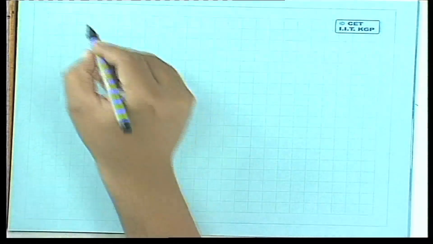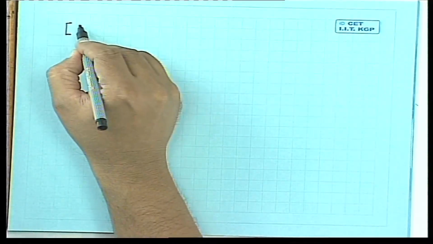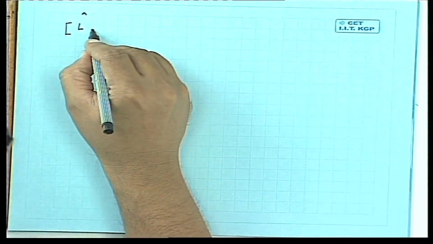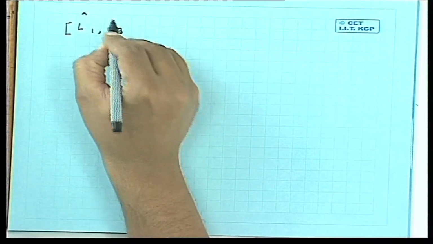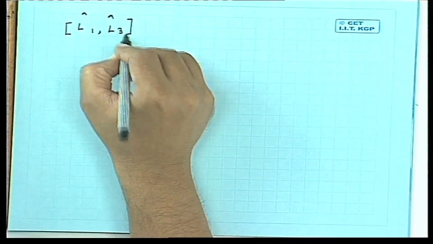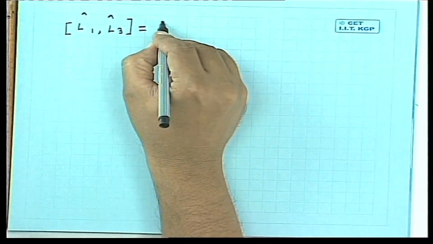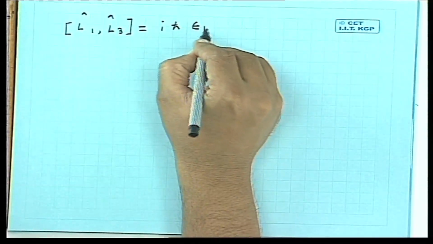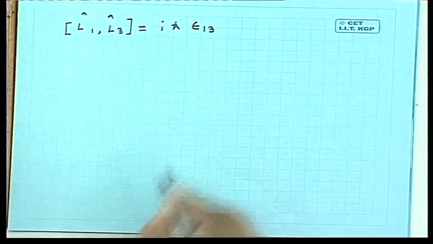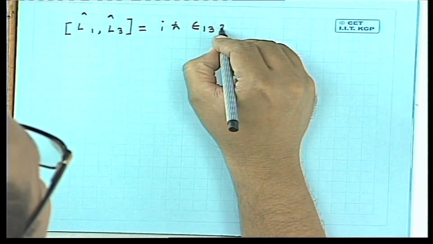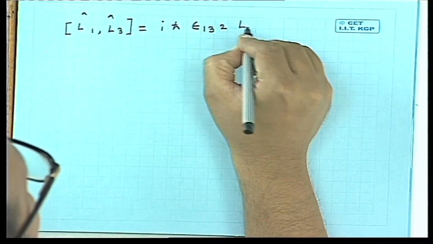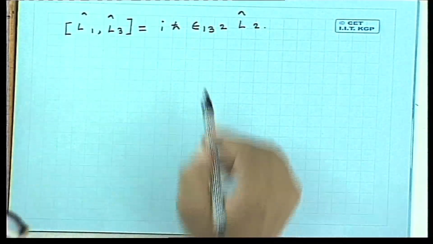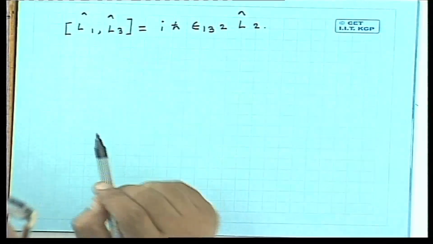So the commutator of Lx and Lz, that is L1 comma L3, is equal to i h cross epsilon 1 3 k L k. We know that the only non-zero term will be for k equal to 2. So we have L 2 over here. Now we have to determine how much is epsilon 132.